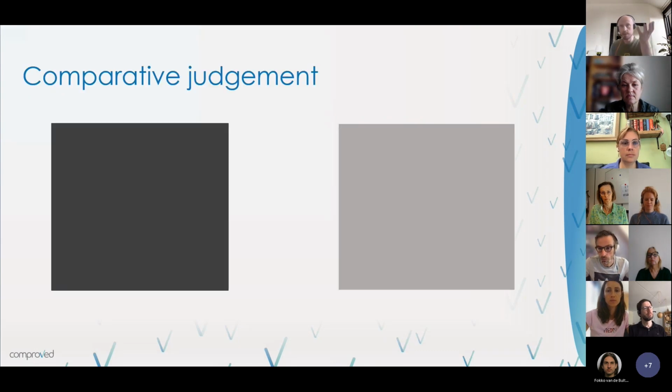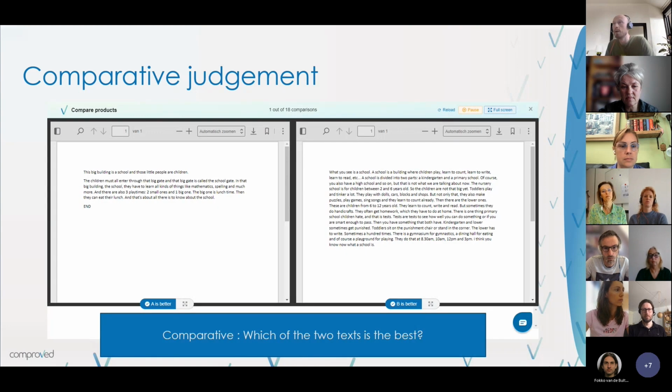Instead of presenting you one square, we present two squares next to each other, and we change the question: not how dark is it, but which of the two is the darkest. I think now everyone will state, okay, this is the one on the left-hand side, and this is very easy to do. This principle we transfer to students' work.